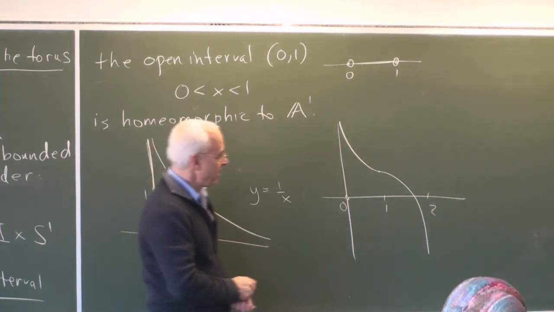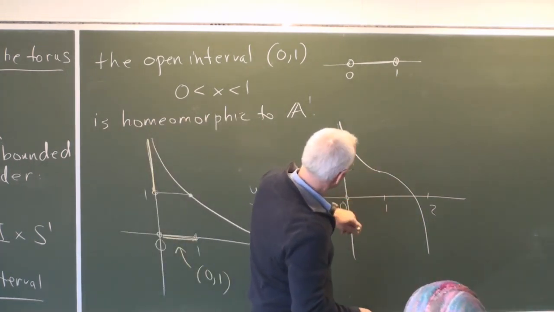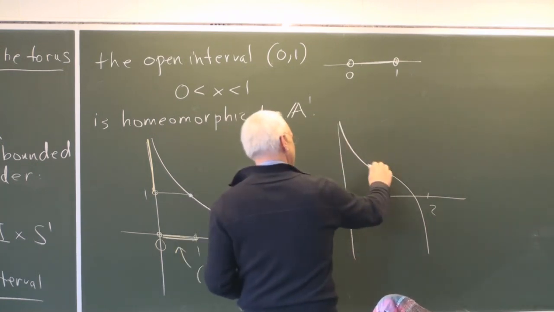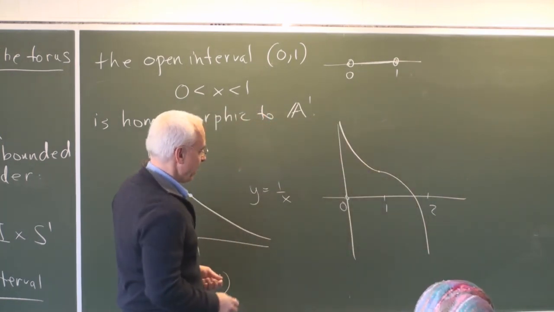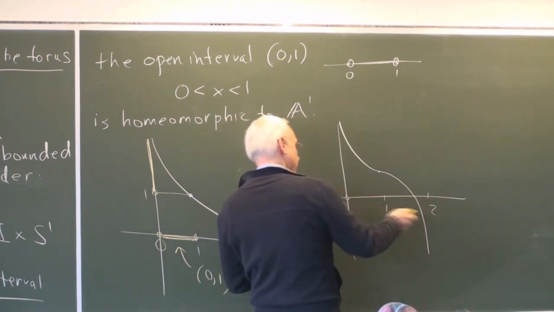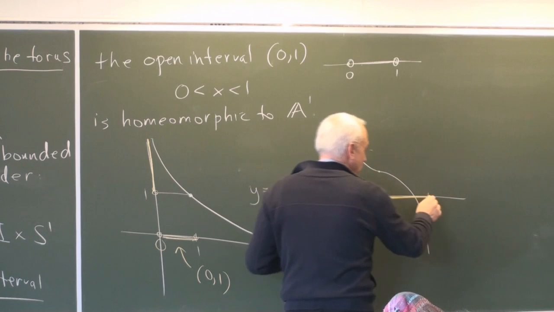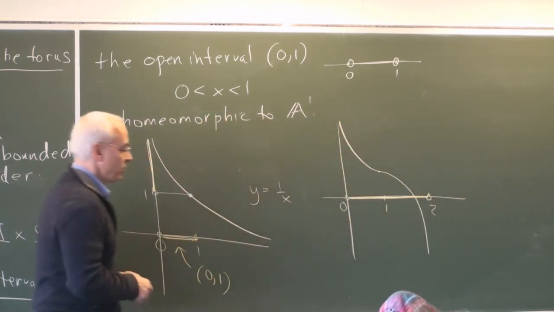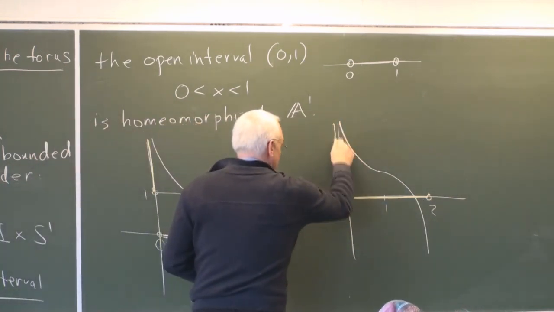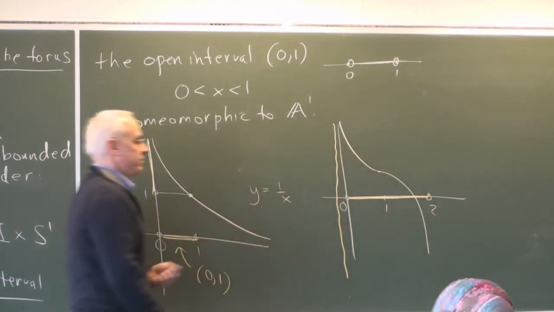If we did that, it looks a little bit funny, but it would actually be nice and continuous. And then we would get a homeomorphism between the open interval 0, 2 now, to the entire affine line.